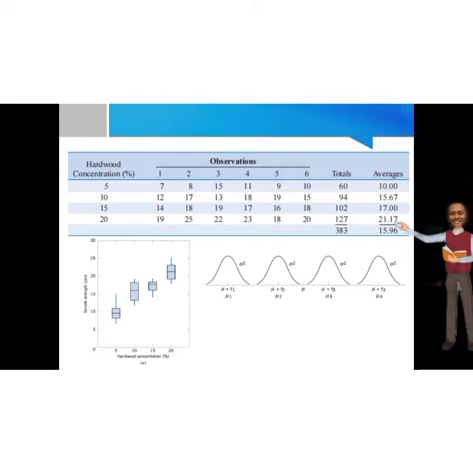While at 15%, there are 14, 18, 19, 17, 16, 18 with a total of 102 and an average of 17.00. While at 20%, there are 19, 25, 22, 23, 18, and 20 with a total of 127 and an average of 21.17. In total, there are 383, while the average is 15.96.